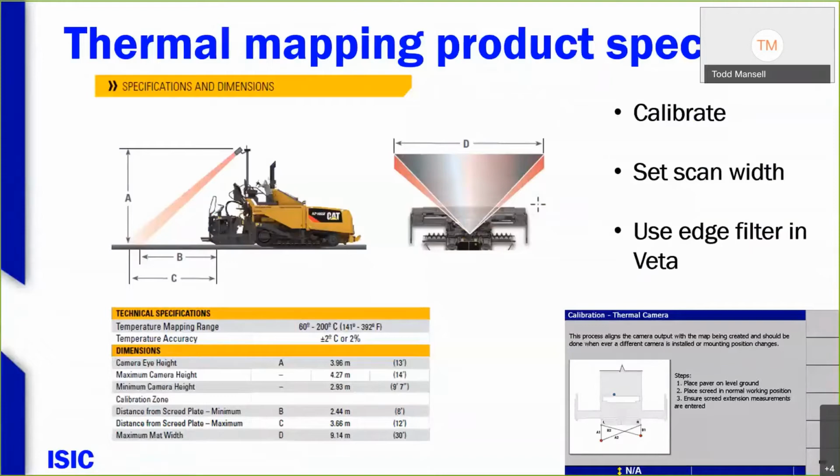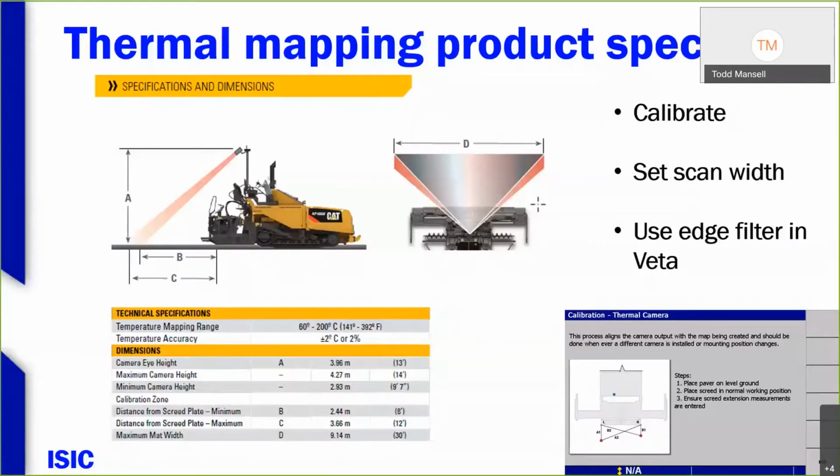I'm not going to go through the spec sheet here, but plus or minus 2 degrees Celsius on the camera accuracy. Generally, these thermal profiling systems are set up on the paver. It's a thermal imaging camera or infrared technology that's reading the mat temperature behind the paver as we're paving. There's a setup procedure for that.